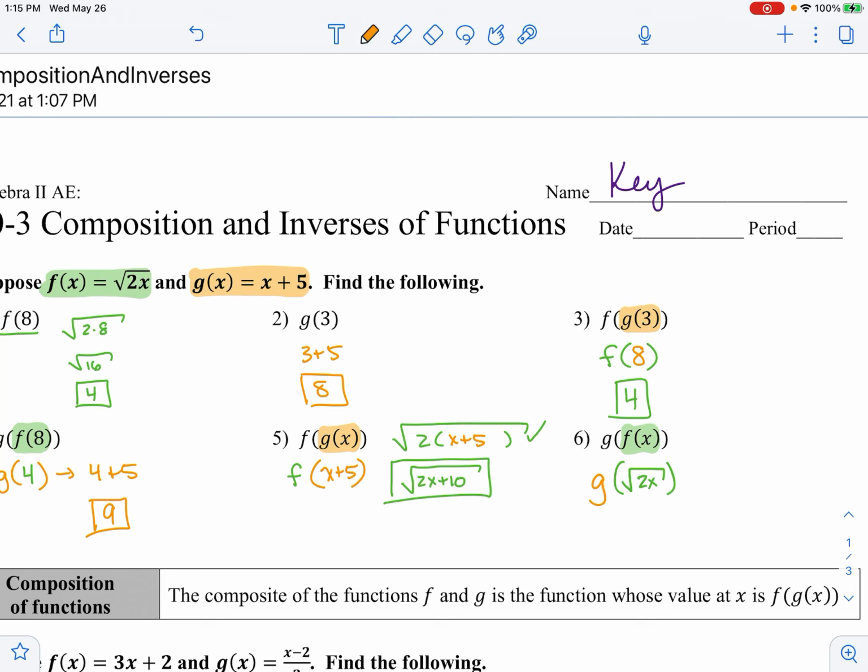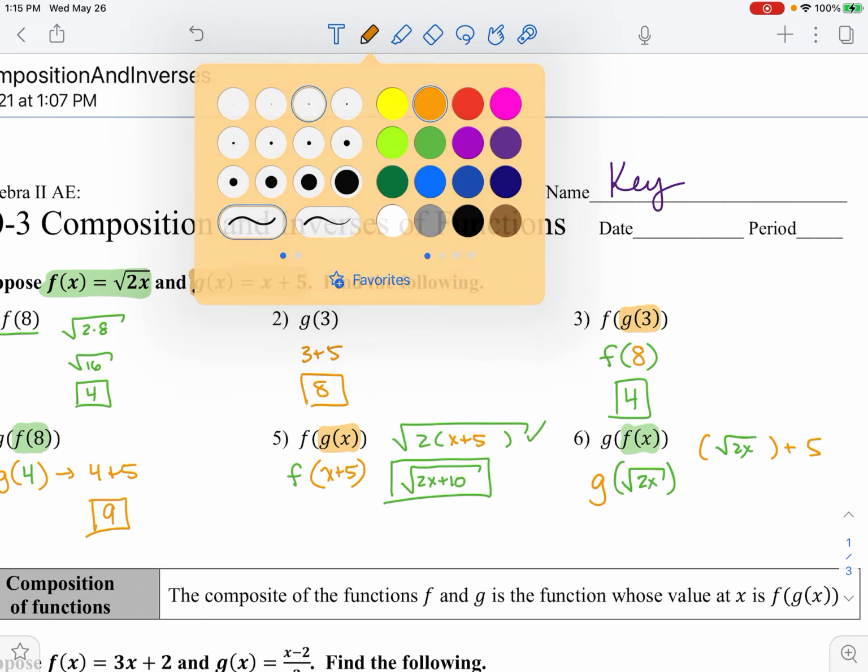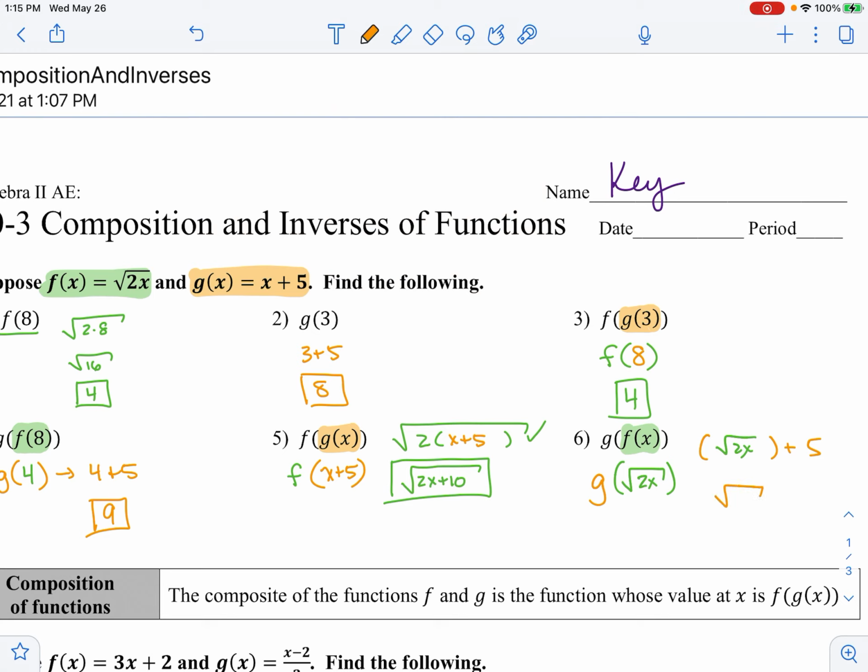Everywhere that I see x, I'm going to plug in root 2x. So I have x plus 5, but instead of x, I'm going to write root 2x. Here I wrote the parentheses, but they're not doing anything for me. So I'm just going to have the square root of 2x plus 5. Done. That's my answer to number 6.